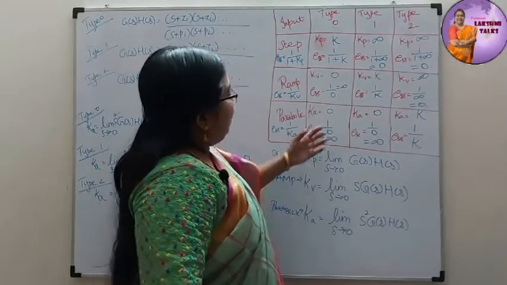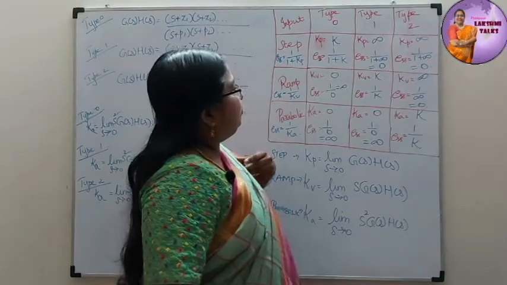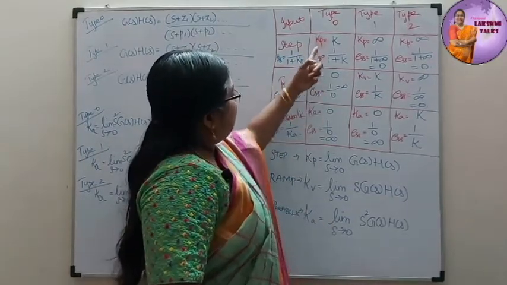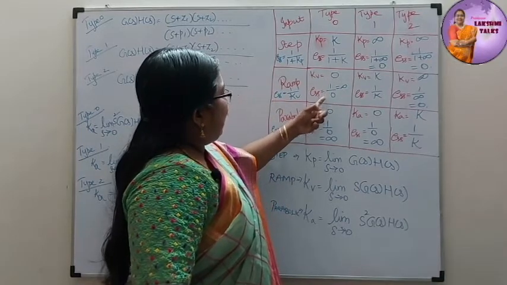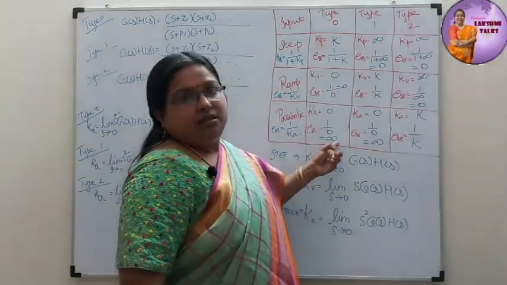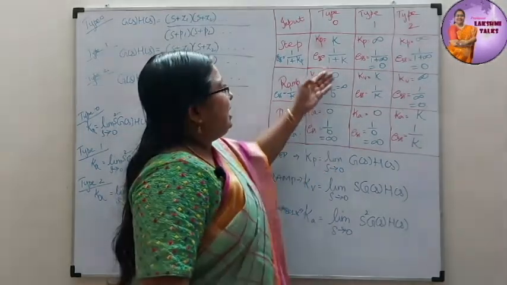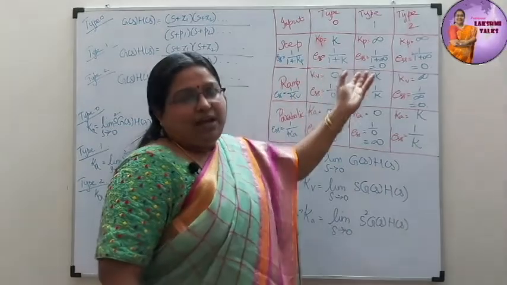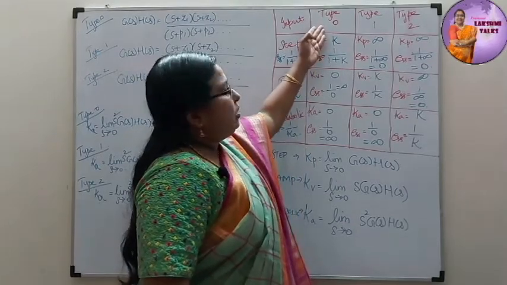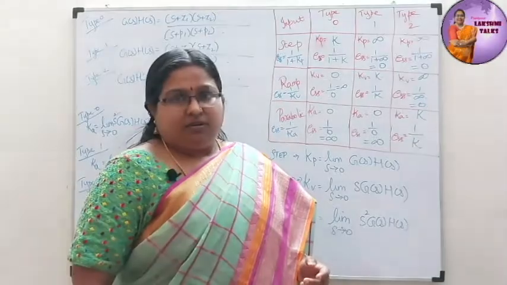So when you look at this tabular column, for a type 0 system, which type of input is preferred? If it is a type 0 system, when you apply a ramp input or a parabolic input, the steady state error becomes infinity, which is not acceptable, right? At least a small value is accepted. So for a type 0 system, it is better to use a step input, right?